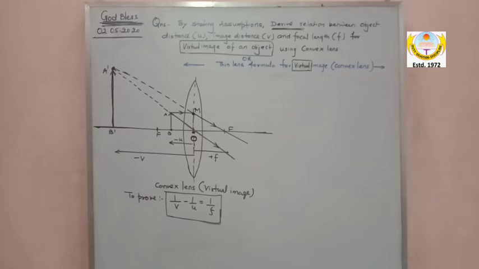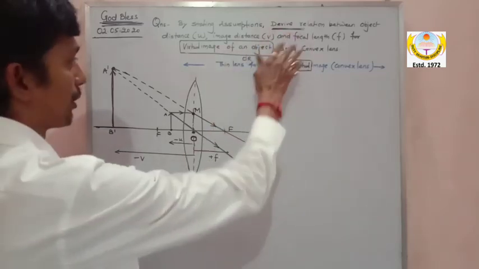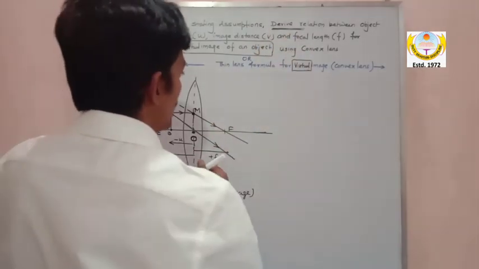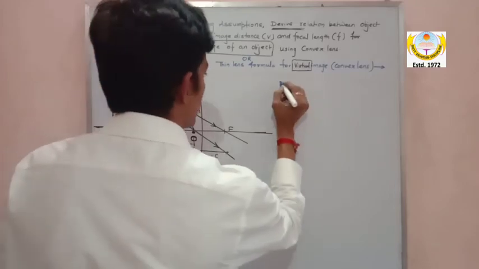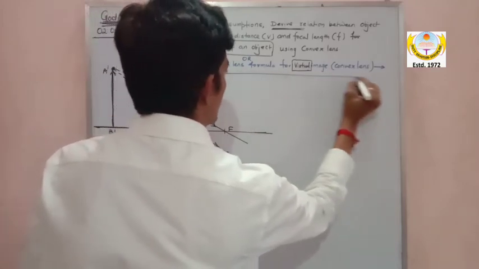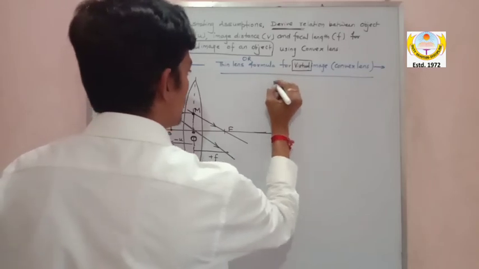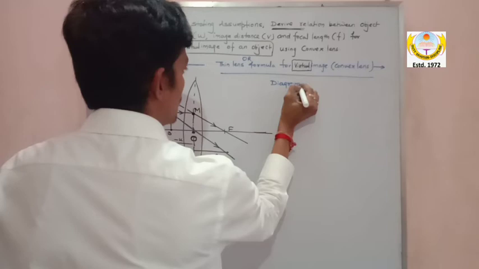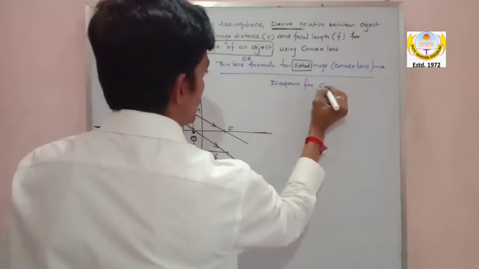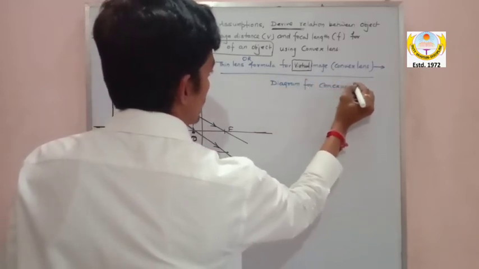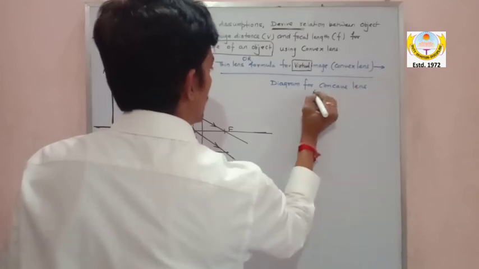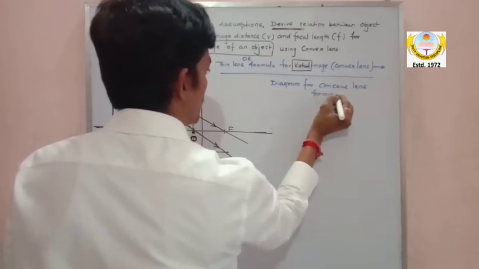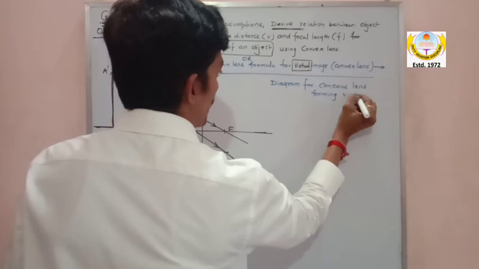Now similarly, my dear, we can show the diagram for lens maker formula for concave lens. So this is for convex lens. Now here I am writing diagram for concave lens forming virtual image.